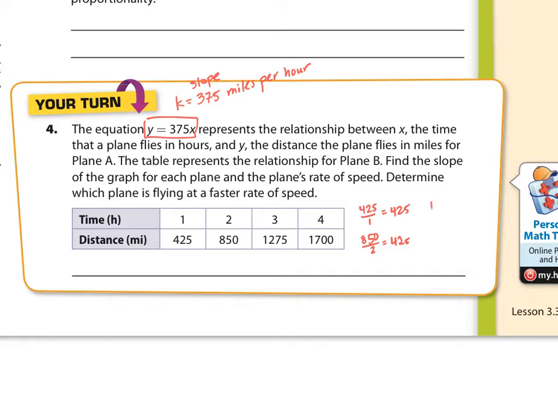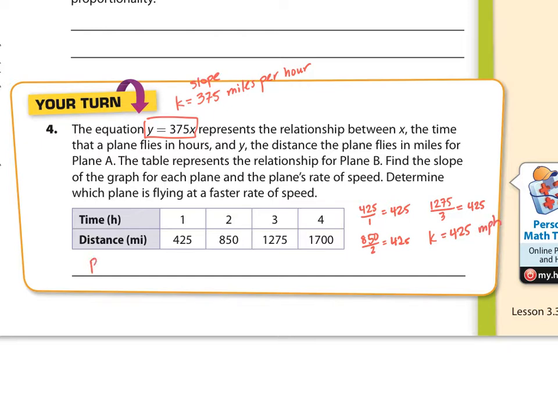And then 1,275, so I might need to bust out a calculator for this. But when I divide those, I actually also get the same thing, 425. And you're going to get the same thing for the last one, 1,700 divided by 4. So I'm not going to write it down. We see here that our slope, or in fact, this is our k, which is the same as our slope, is 425, and this is miles per hour.